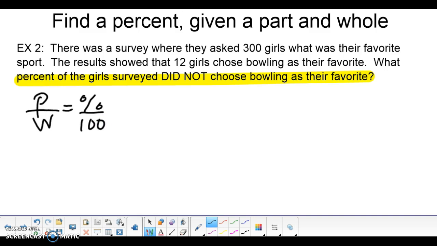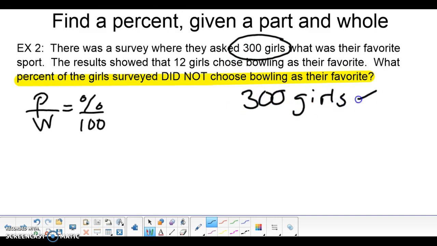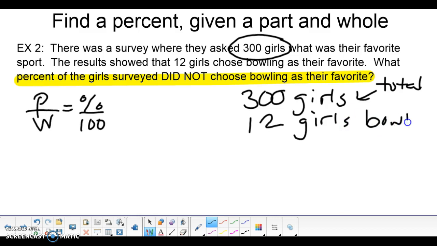So let's identify the information in our problem. Looking at this first sentence, it says there was a survey that they asked 300 girls. So 300 girls is our total, and I got that from reading the sentence. There were 12 girls that chose bowling.